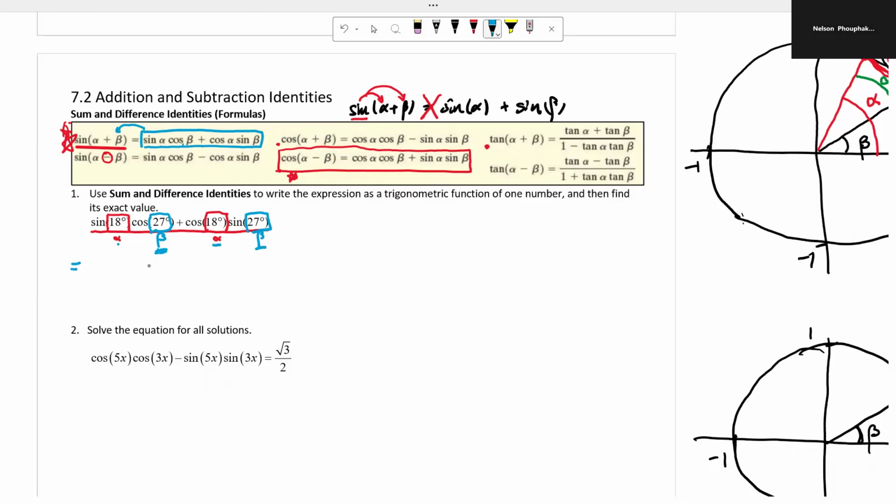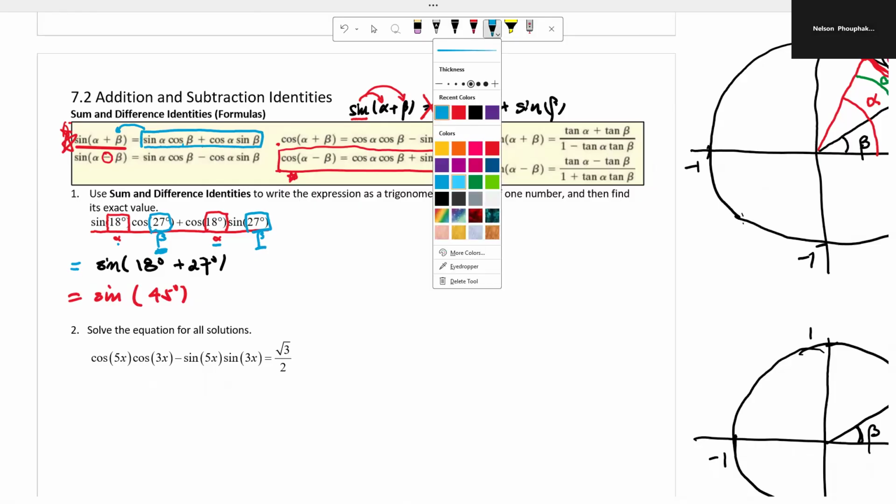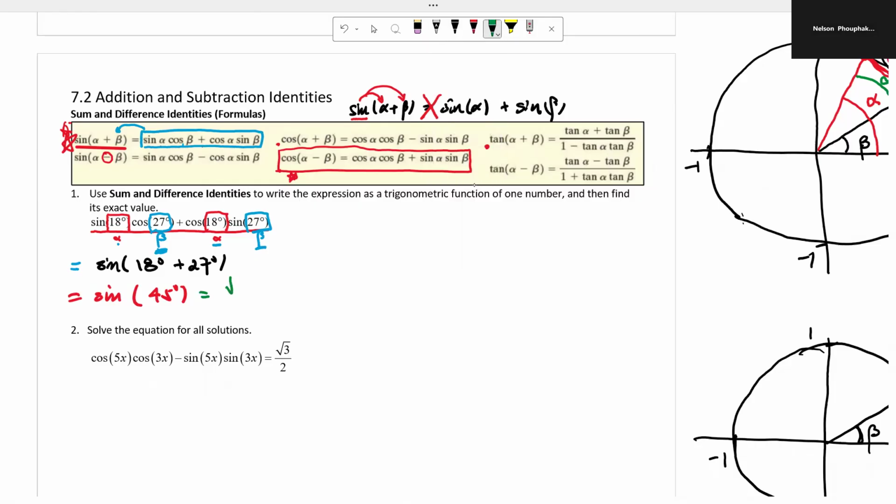So in this case, I will make it equal to sine of 18 degrees plus 27 degrees, which is sine of 45 degrees. And of course, we know that sine of 45 degrees is root 2 over 2. Then we are done with this problem.